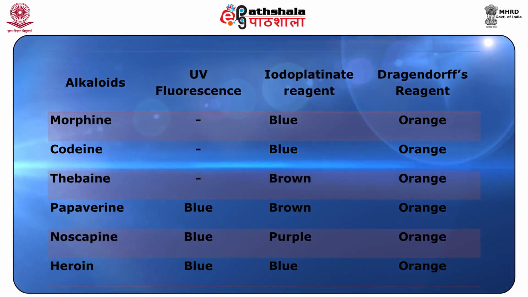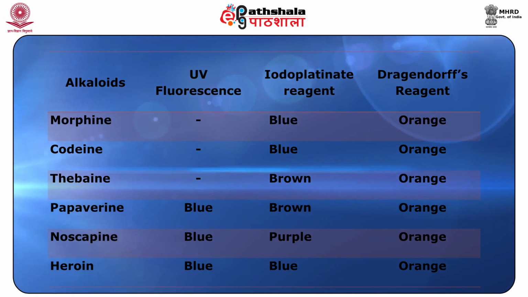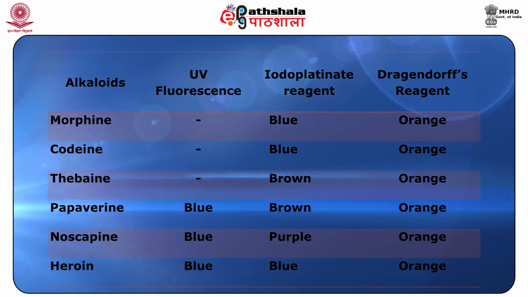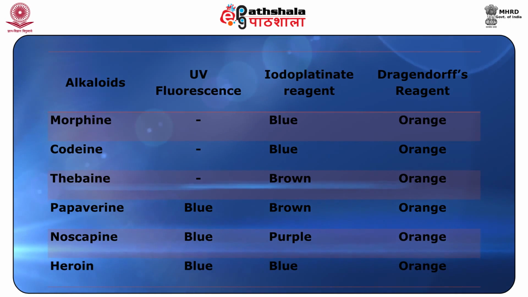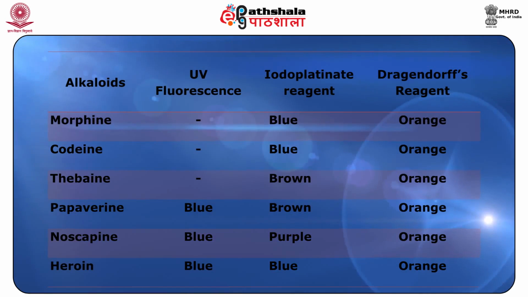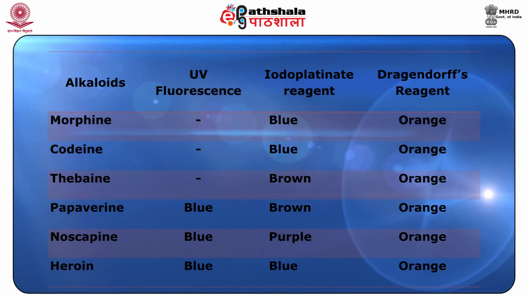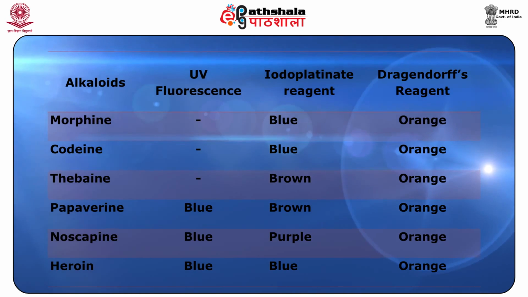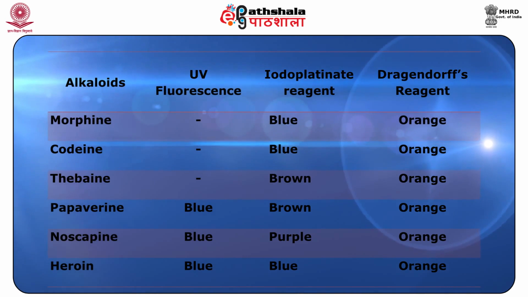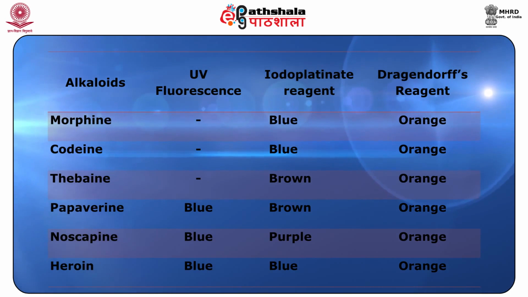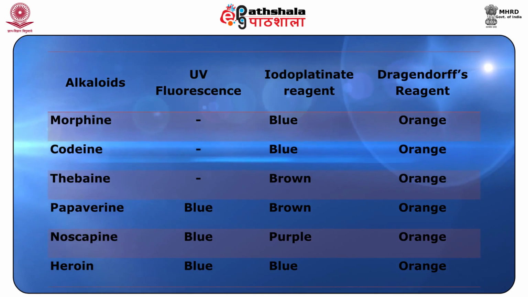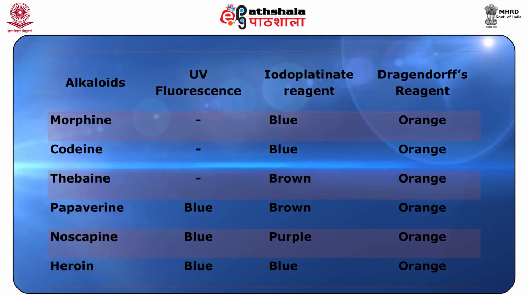There will be no UV fluorescence in case of morphine, codeine, thebaine. The iodoplatinate reagent will have different colors, like in case of morphine, codeine, heroin, it will give blue color, whereas in case of thebaine and papaverine, it gives brown color, and in case of noscapine, it gives purple color.